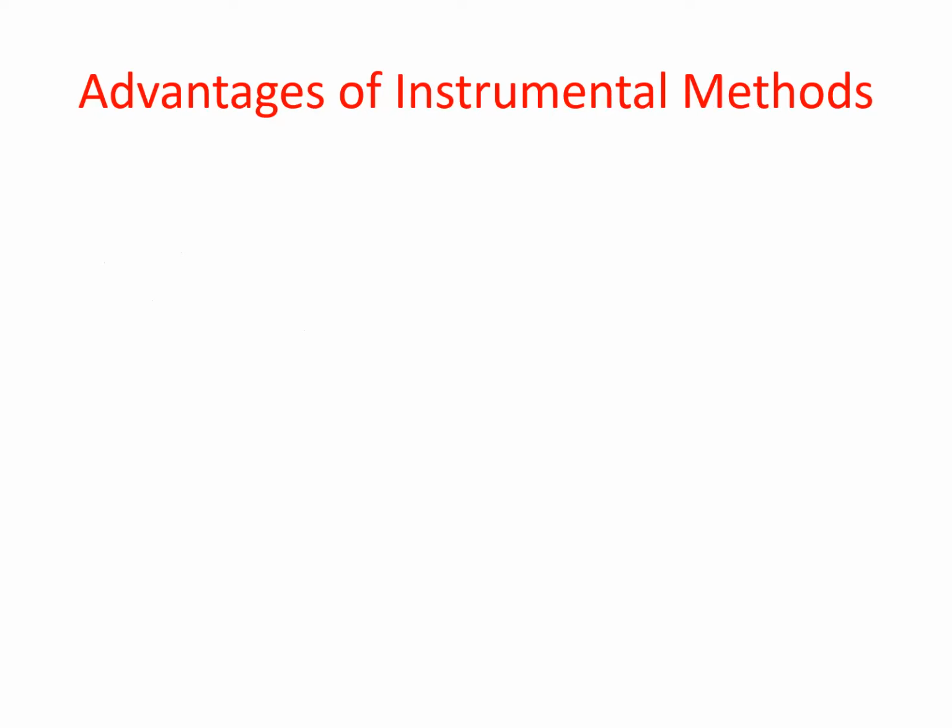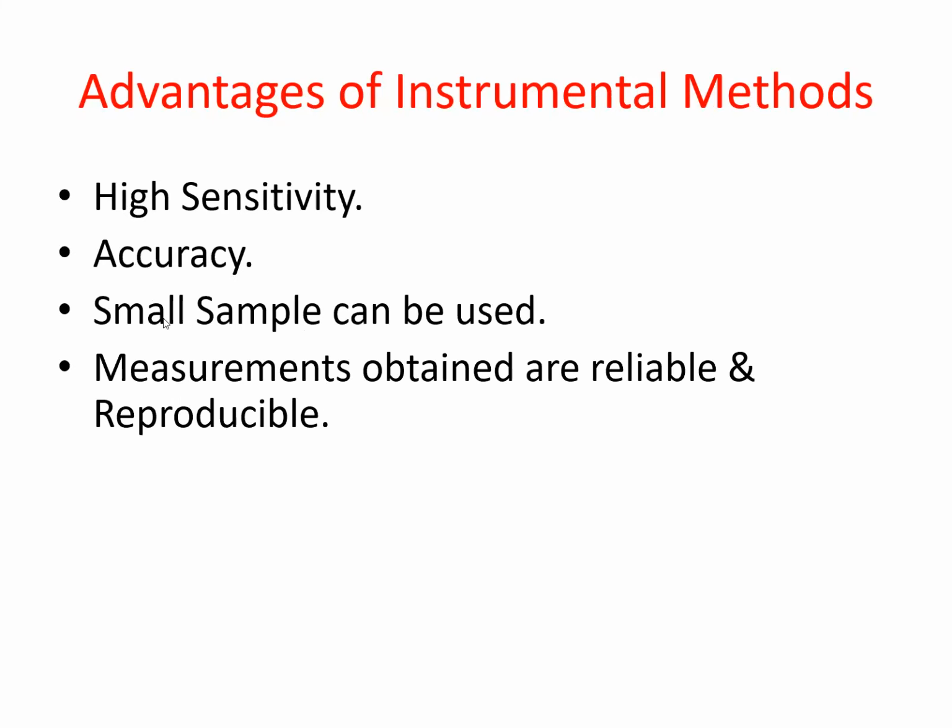Now, what are then the advantages of instrumental methods over classical methods? You can think about many. One will involve high sensitivity. Instrumental methods are highly sensitive, or high accuracy. The other will be, we normally use small samples that can be used for analysis. The measurements obtained normally are reliable and reproducible when we use instrumental methods.